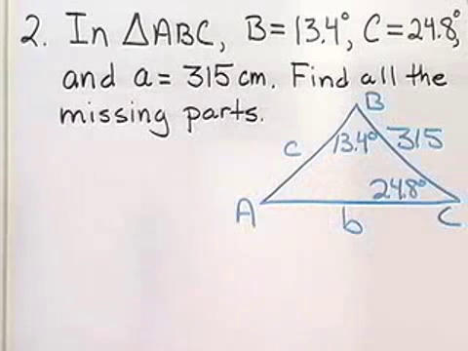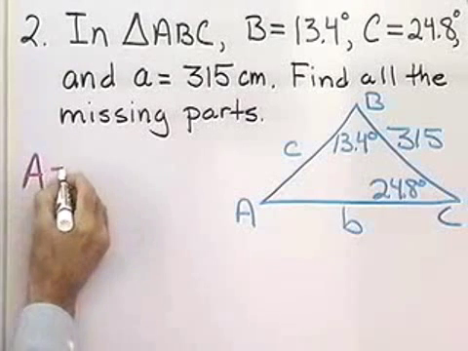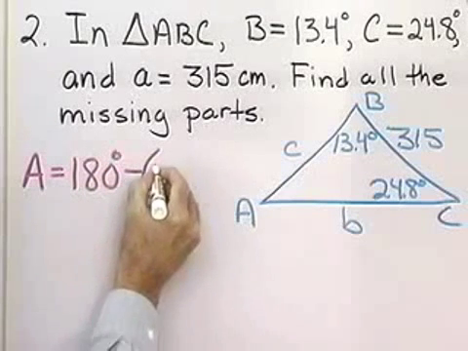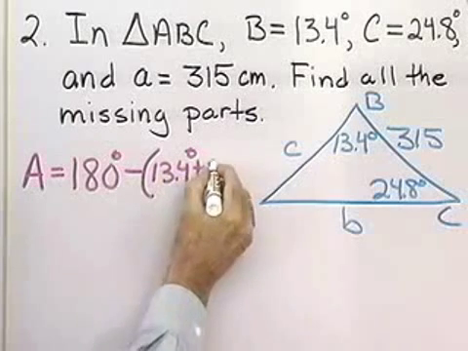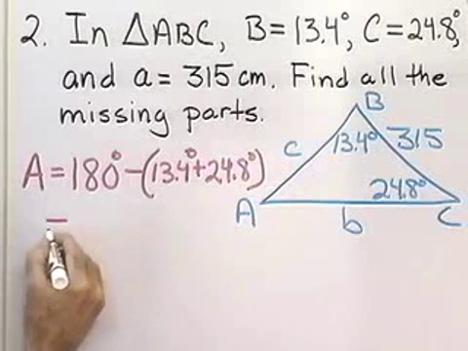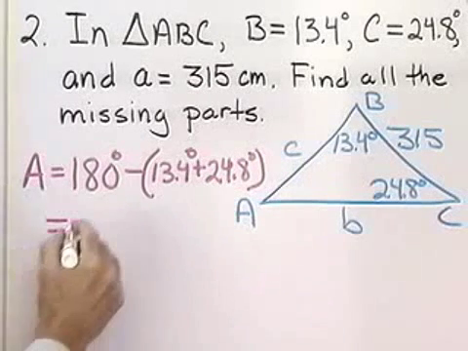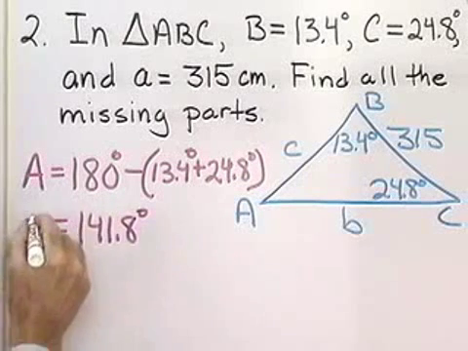I'm going to start by finding angle A. Angle A will be 180 degrees, subtract 13.4 degrees plus 24.8 degrees. Doing that on my calculator, angle A comes out to be 141.8 degrees.